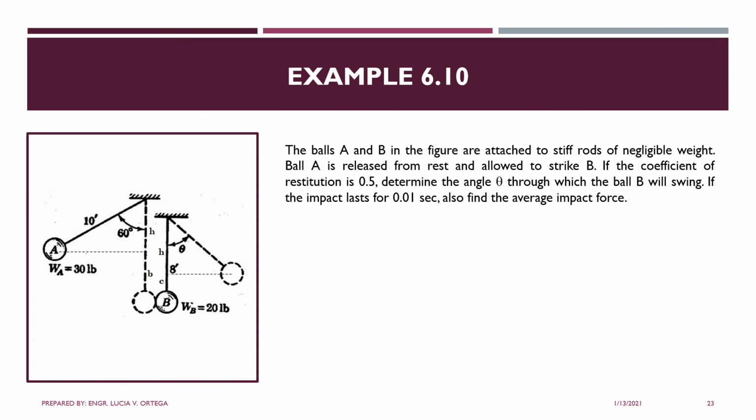Ball A is released from rest and allowed to strike B. B is initially at rest. When it strikes, it will rotate in this direction. If the coefficient of restitution is 0.5, determine the angle theta through which ball B will swing. If the impact lasts for 0.01 second, also find the average impact force.